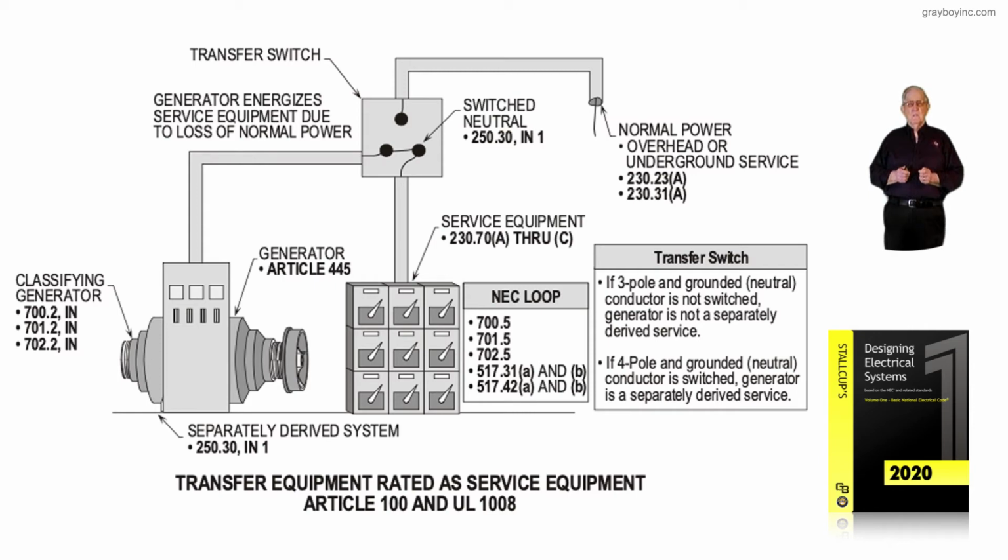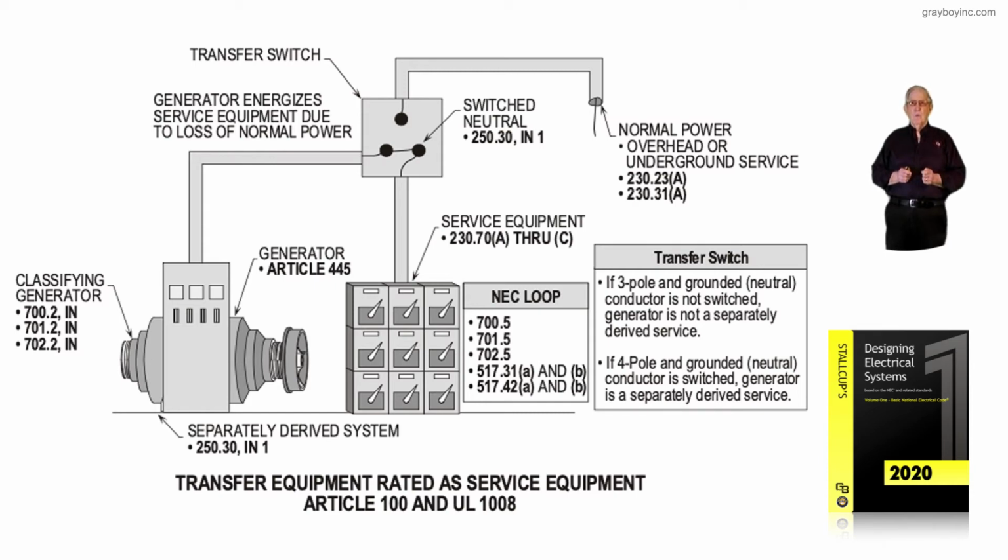But if you do not switch the grounded conductor or neutral conductor, the generator is not required to be grounded. But if it happens to be a 4-pole switch in compliance with 250.30 informational note 1 or 2, notice that you would have to ground the generator then, because you would be working with the generator grounded in compliance with what it's supplied in some cases.